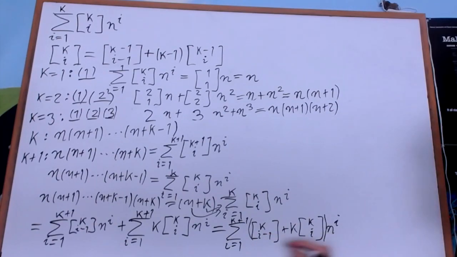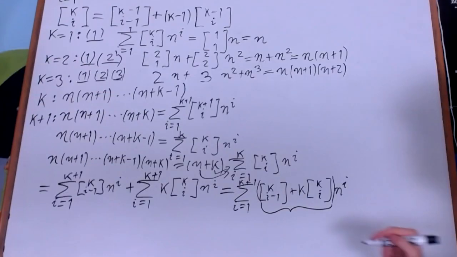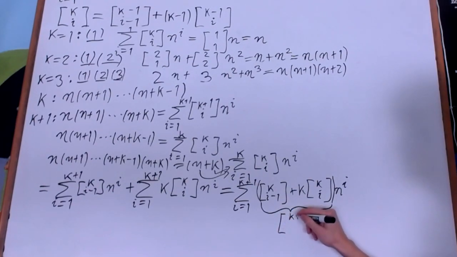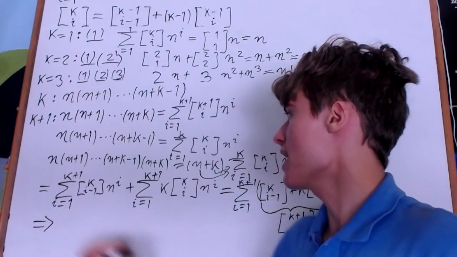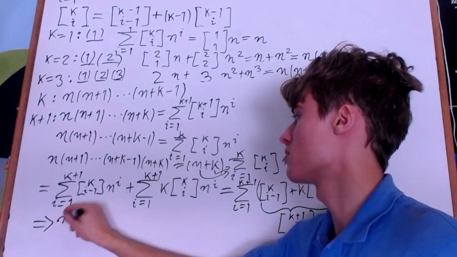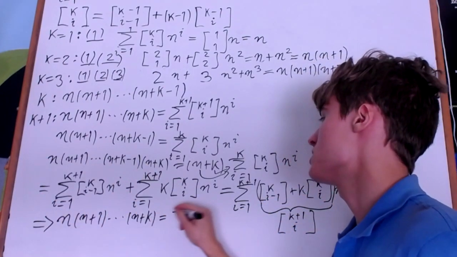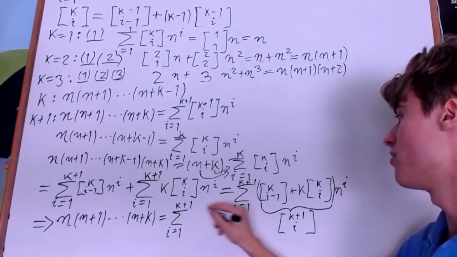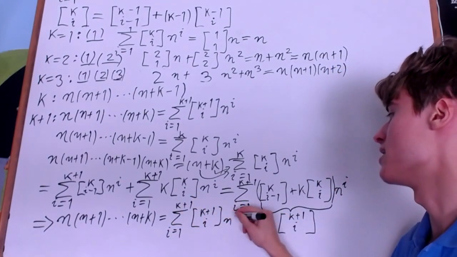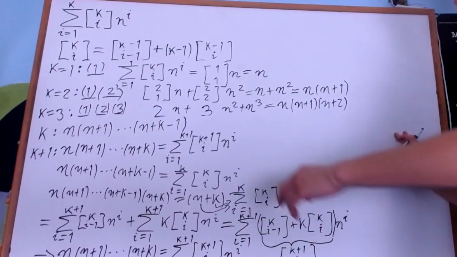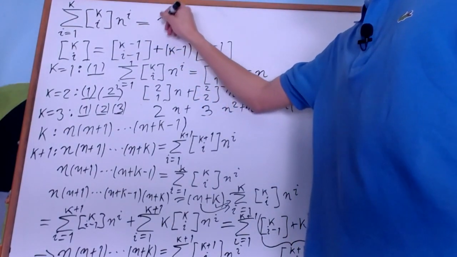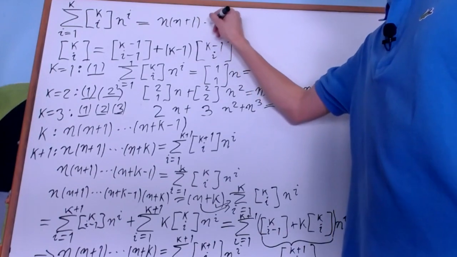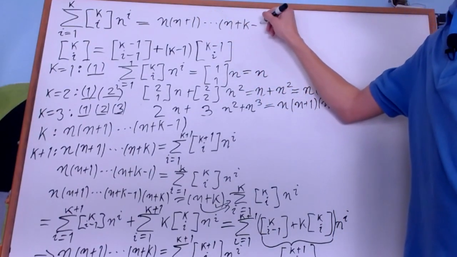You might notice this right here is our formula. So right there is the same thing as k plus 1 Stirling I by our formula. And so we end up getting at the end that this term right here, which was always on the left, is equal to the sum from I equals 1 to k plus 1 of k plus 1 Stirling I times n to the I. And so by induction, we have a general formula for this sum right here, which is n times n plus 1 all the way up until n plus k minus 1.